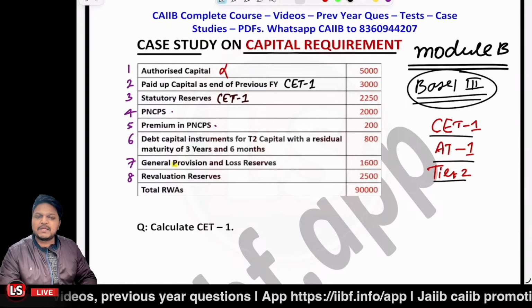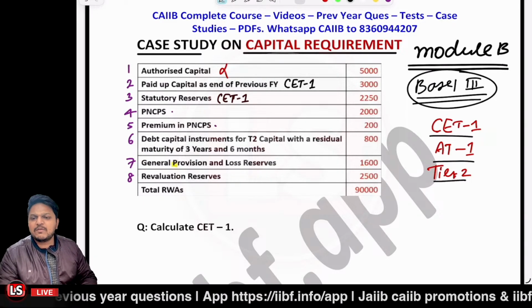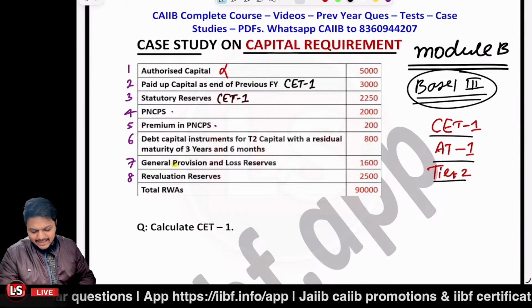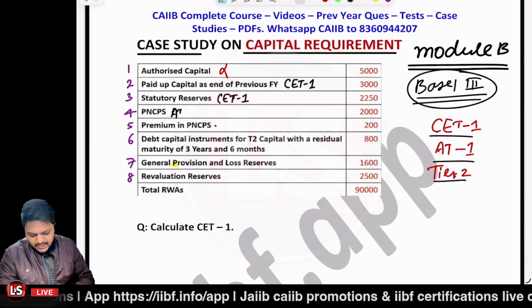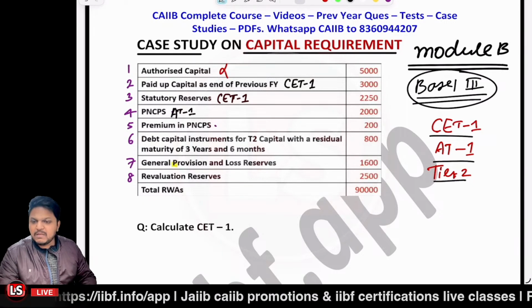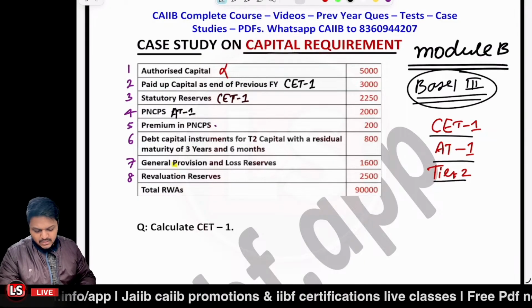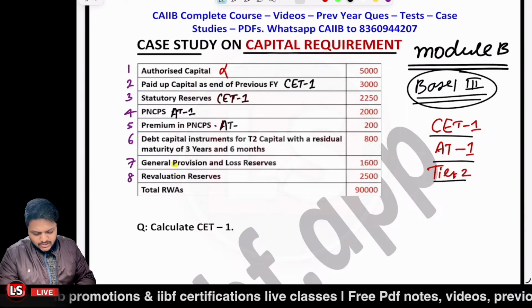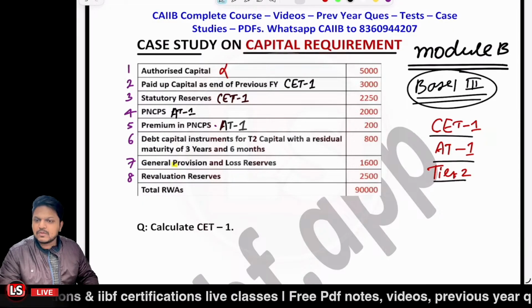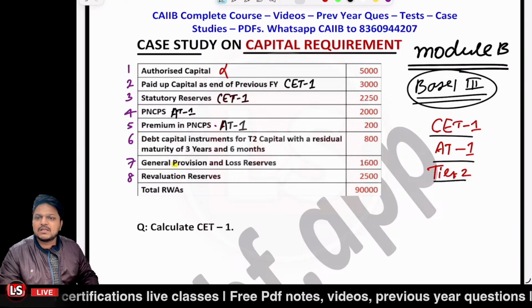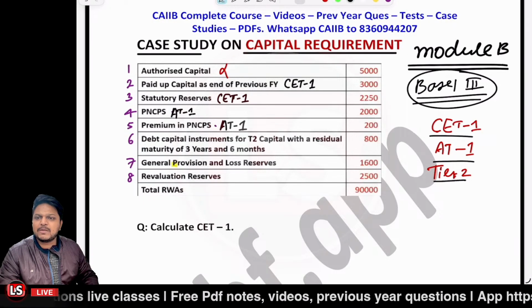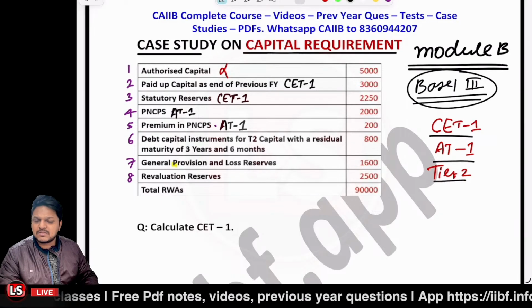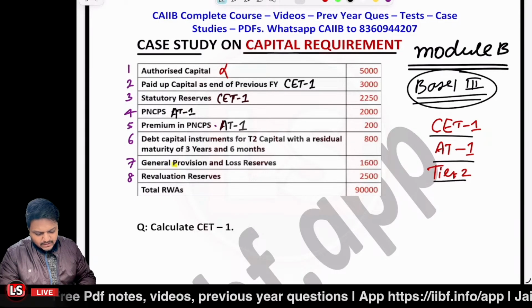After that, PNCPS, perpetual non-cumulative preference shares, is related to additional tier 1 capital. Premium in PNCPS is again related to additional tier 1 capital. Debt capital instruments for tier 2 capital with a residual maturity of 3 years and 6 months would be tier 2 capital, as mentioned.